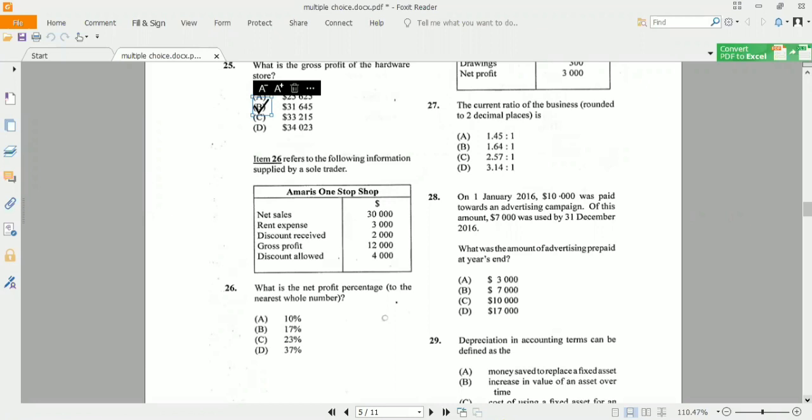So, what is your response? Round off to the nearest whole number. That's 22%.